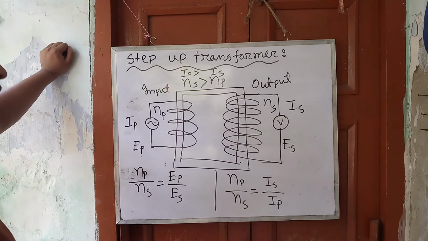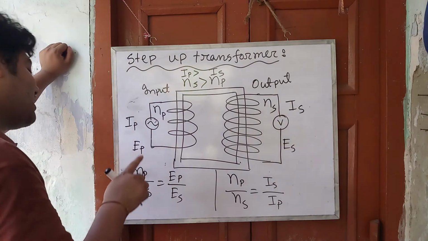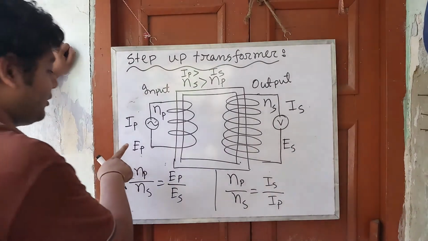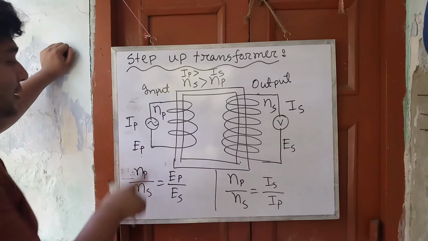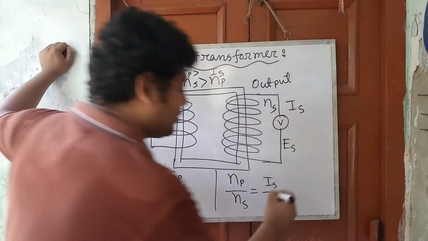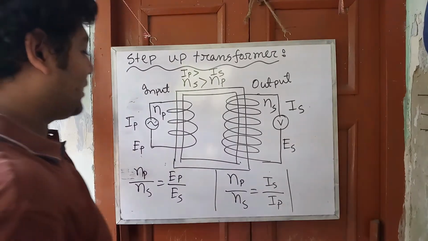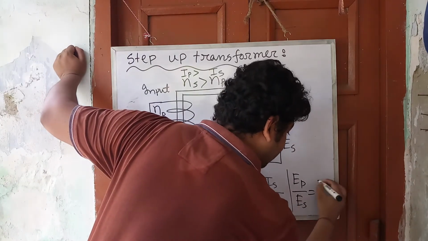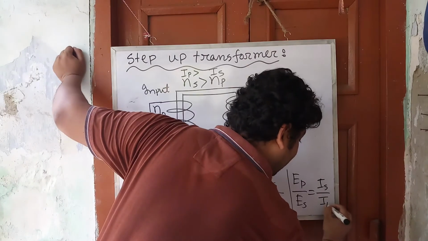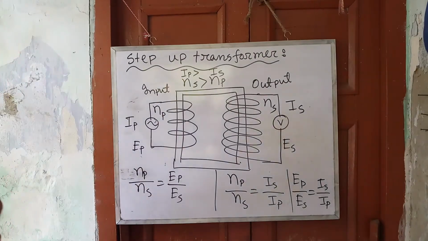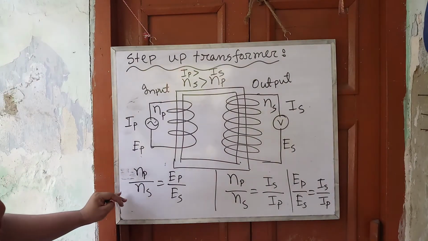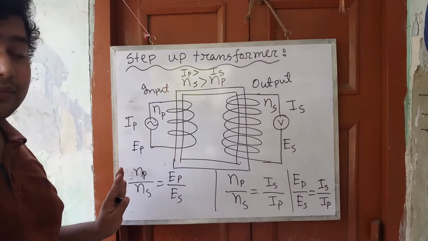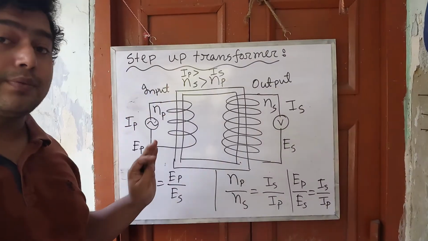Then we get another relation, between voltage and current: EP by ES equal to IS by IP. These are the relations among these three terms for a step-up transformer.